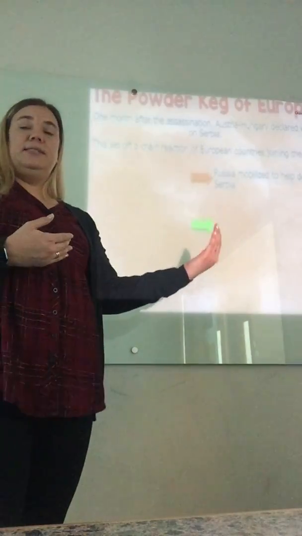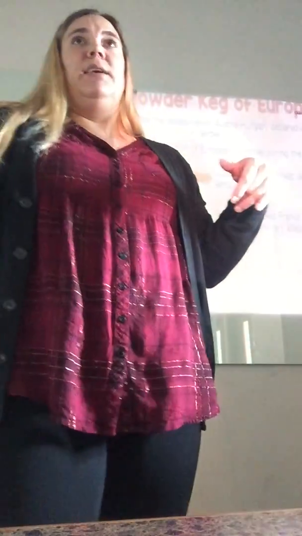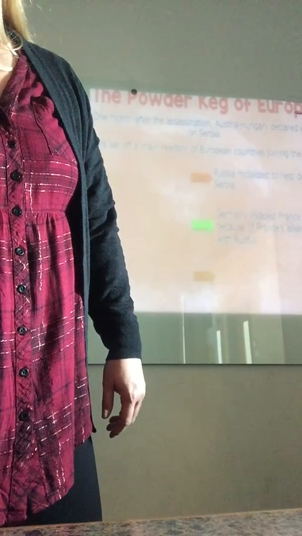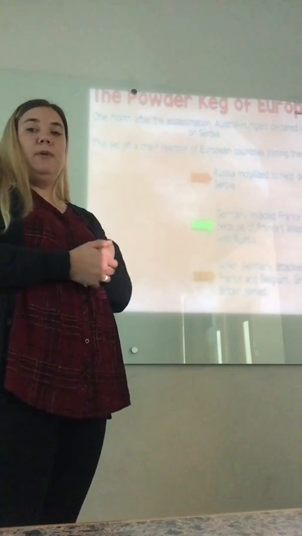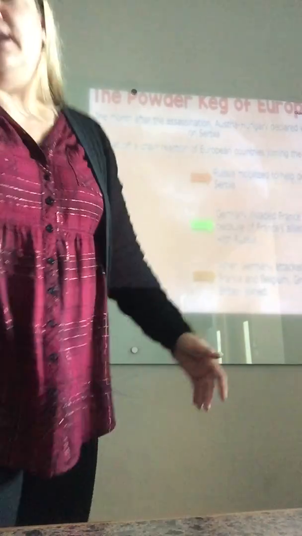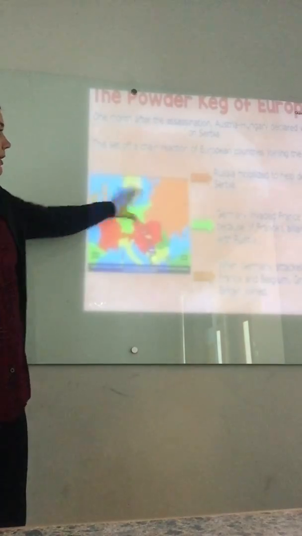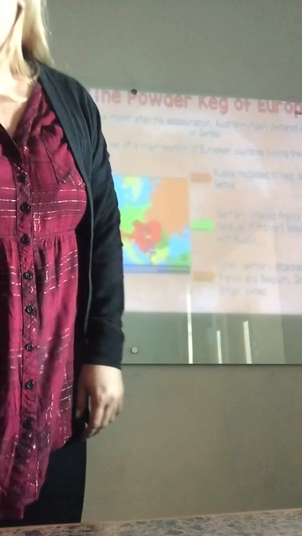Russia mobilizes to defend Serbia, because remember, that's their alliance. Germany invades France because of France's alliance with Russia. And when Germany attacked France and Belgium, then Great Britain's got to get involved because they have to back up their friends. Okay, so here's our map showing where everybody was going down.